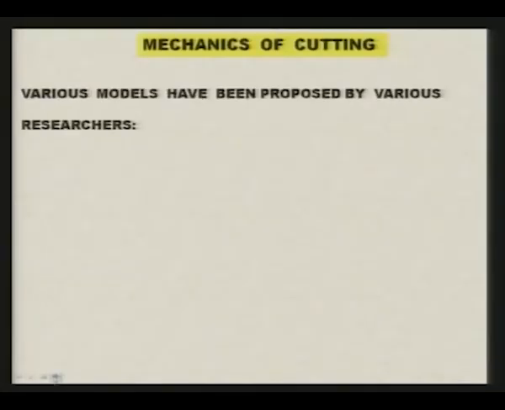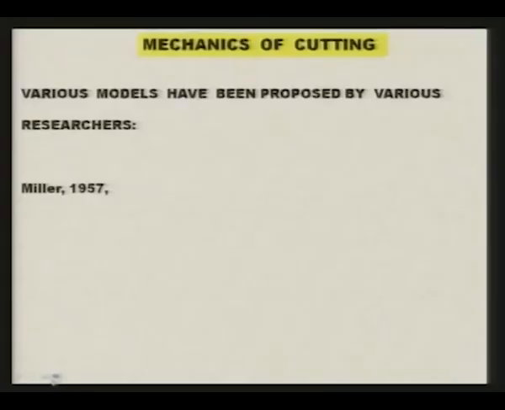Now, I am going to discuss the mathematical model for material removal in ultrasonic machining. There are various models that have been proposed by various researchers. For example, Miller proposed a mathematical model for understanding the mechanics of cutting in ultrasonic machining in the year 1957.